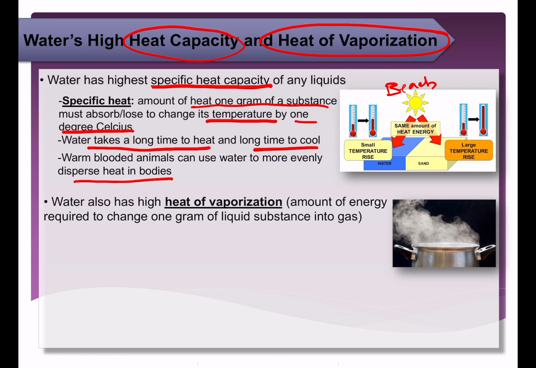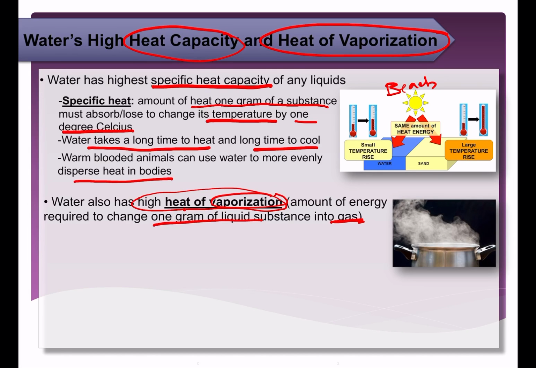All right, so a property of water related to heat capacity, but slightly different, is the heat of vaporization. Water also has a high heat of vaporization, which is defined as the amount of energy required to change 1 gram of liquid substance into gaseous state, which is why it's called heat of vaporization.